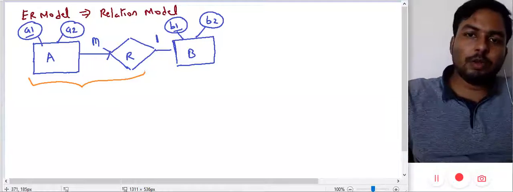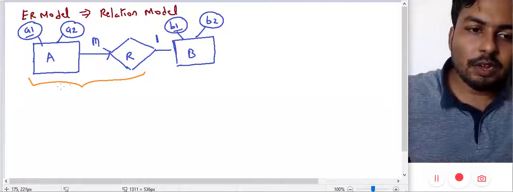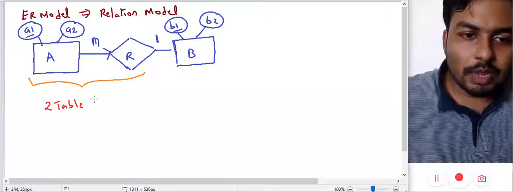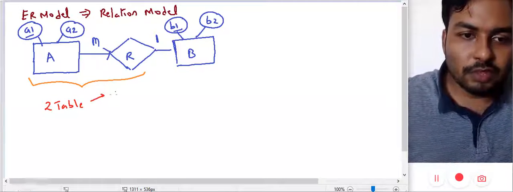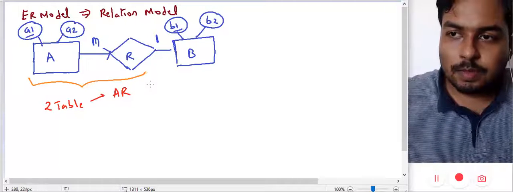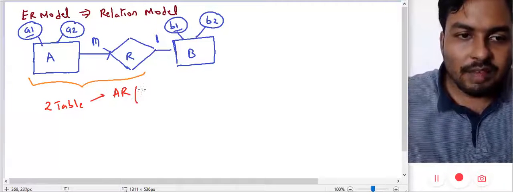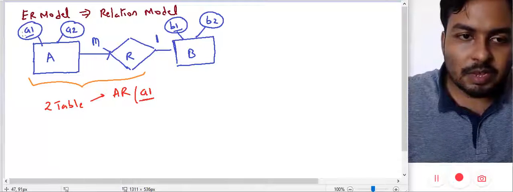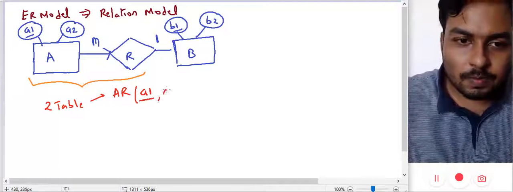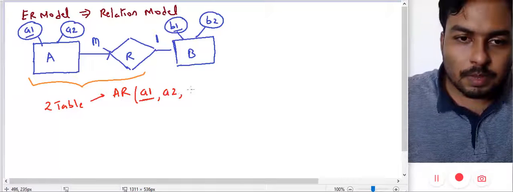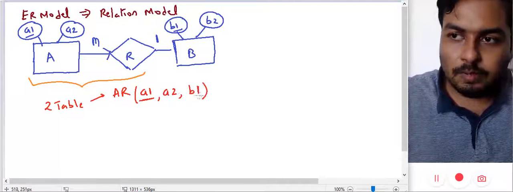Club these two and you will get two tables. One table would be the combination of these two, AR. What columns will they have? They will have A1, which will be the key attribute, A2, and there will be B1.